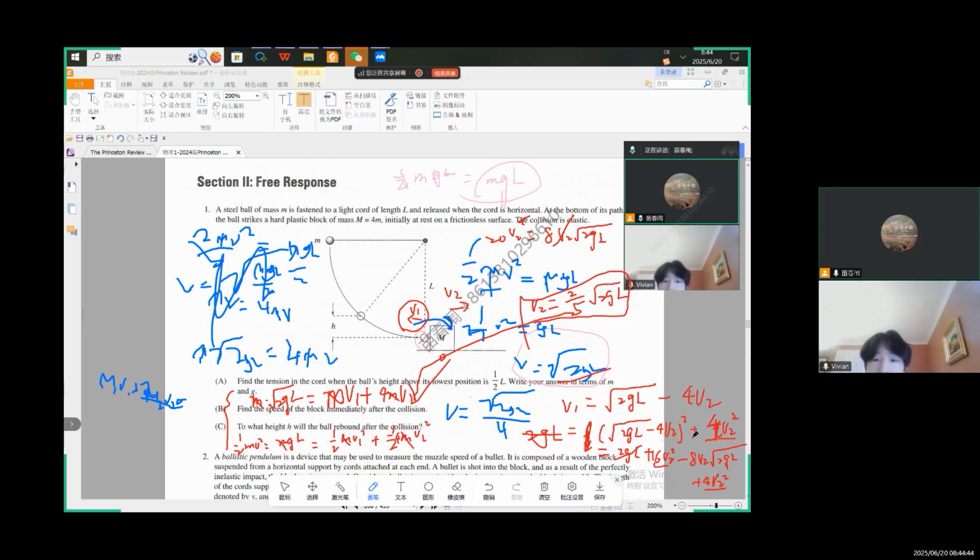So again, the big step is energy conservation, one equation, and momentum conservation, another equation. And you have to use substitution and everything to solve the simultaneous equation, carefully and slowly.